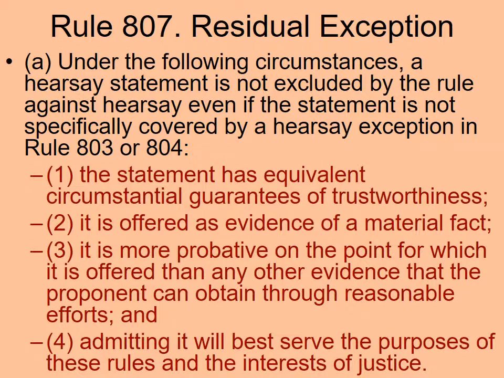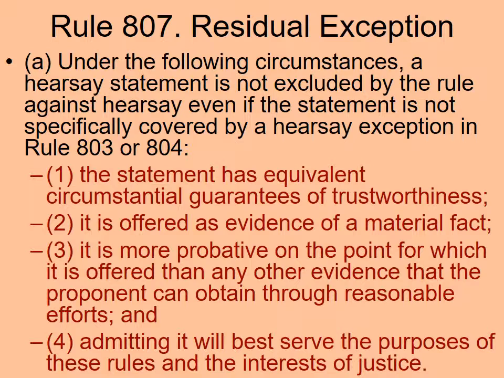So the last thing I do want to say about the residual exception for your purposes, on an exam essay question, if there is a hearsay statement that you think might qualify for admission under the residual exception in Rule 807, you could mention it. But if you do, you should definitely show me that you know what the threshold requirements of the rule are, in particular, this equivalent circumstantial guarantee of trustworthiness and the more probative on the point for which it is offered than any other evidence that's available, and maybe throw in that it's going to serve the interests of justice.